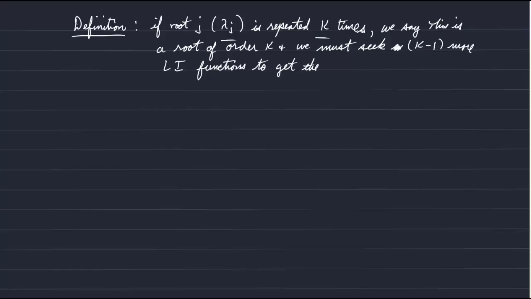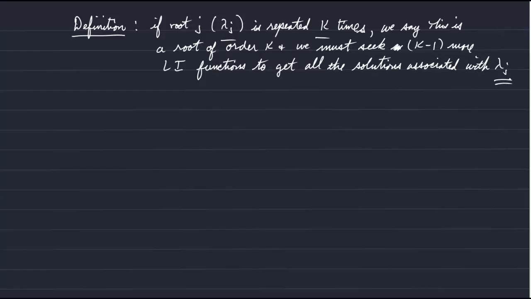So we need to find k minus 1 more linearly independent functions to get all the solutions associated with that repeated root, lambda j.